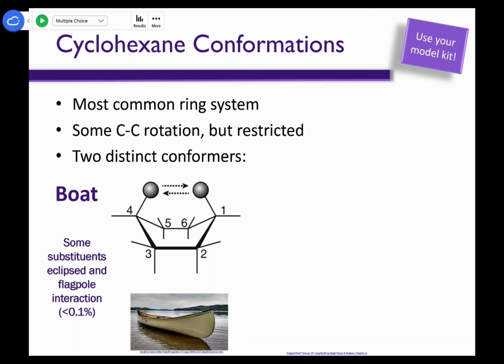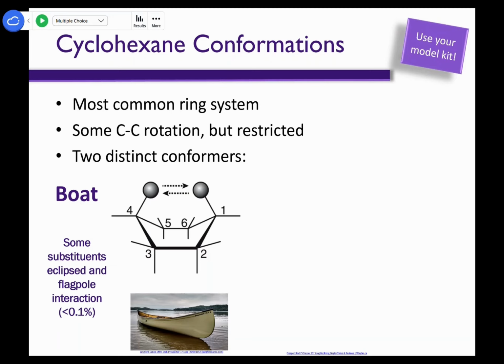So I'm just going to start at carbon 1 and look towards carbon 2. Try to line this up. These are all staggered. The next one, those are eclipsed. Next one, staggered, staggered, eclipsed. Some of the carbon-hydrogen bonds are eclipsed in this row, row, row your boat structure.